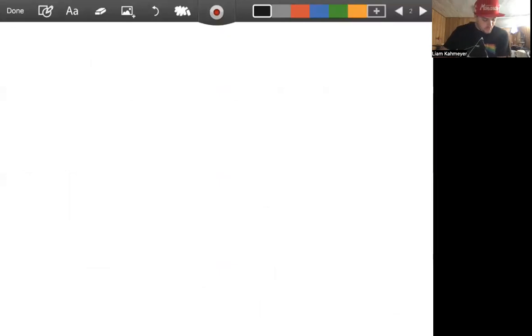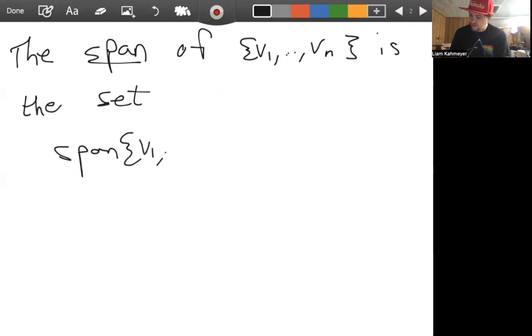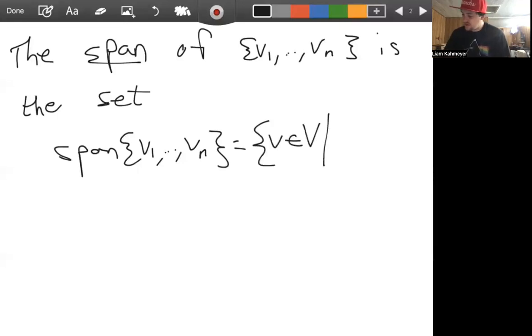What's a spanning set? Well, it's the same thing, but we need to define it for an arbitrary vector space. The span of v1 through vn is the set, and we'll write it as span v1 through vn. And this is going to be the set of vectors v in your vector space such that v is equal to a linear combination of elements in this set, v1 through vn.